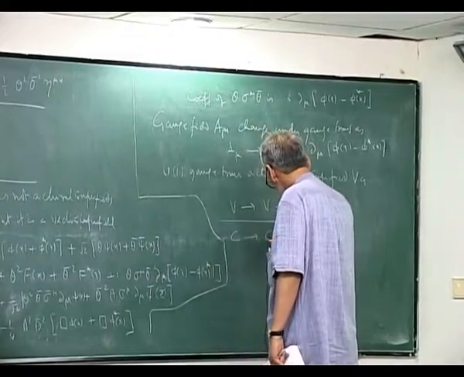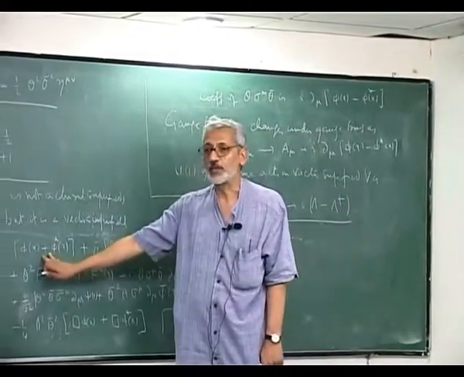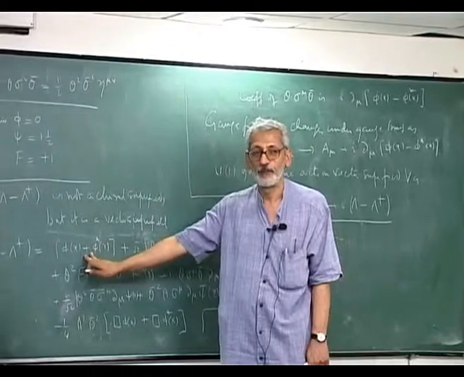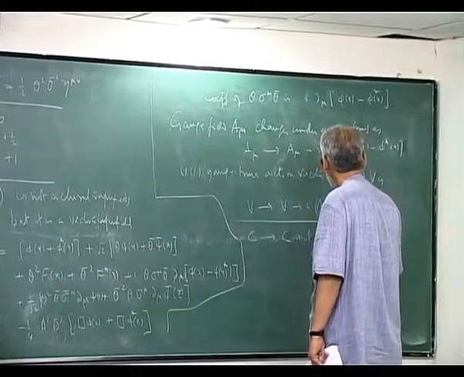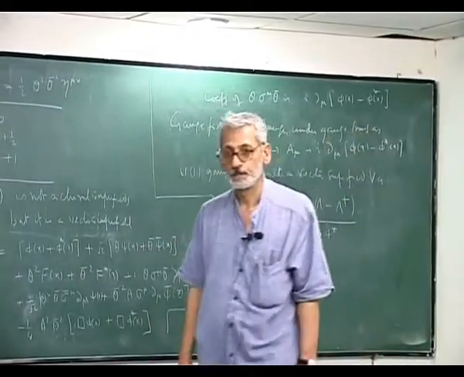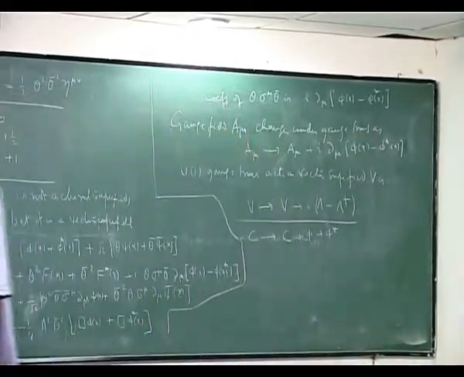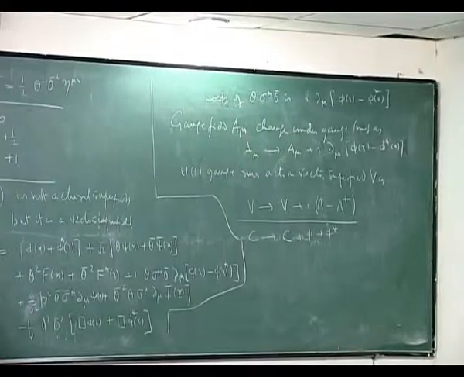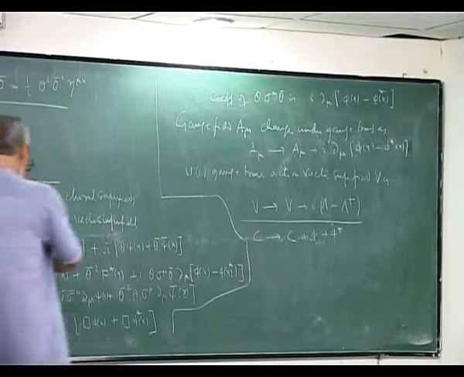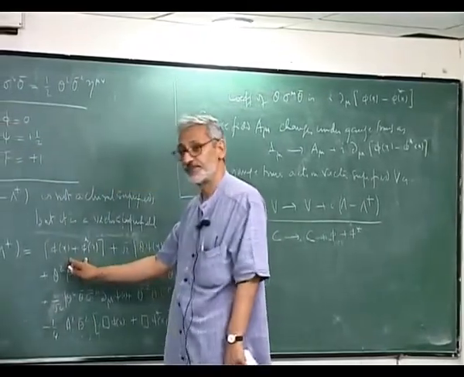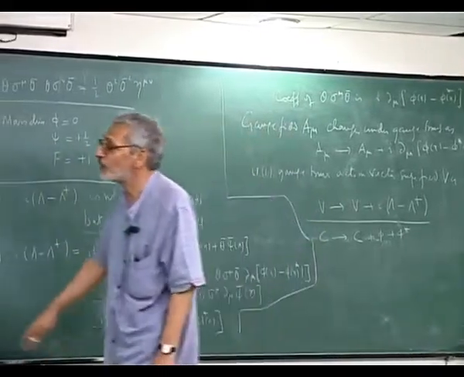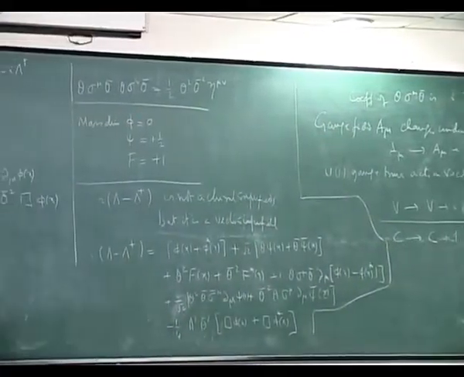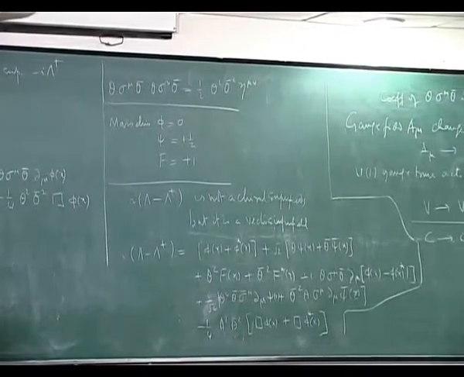C will change from C plus this object, so C will pick up an additional term which is this. What about chi or lambdas there? I want to know chi. How would chi change?